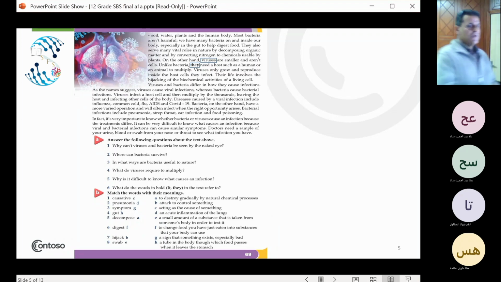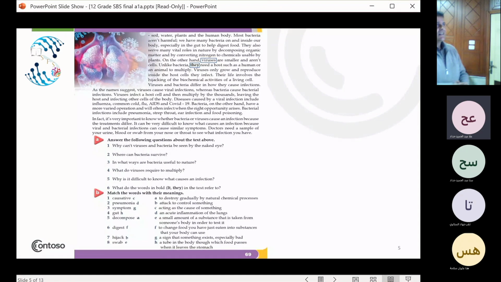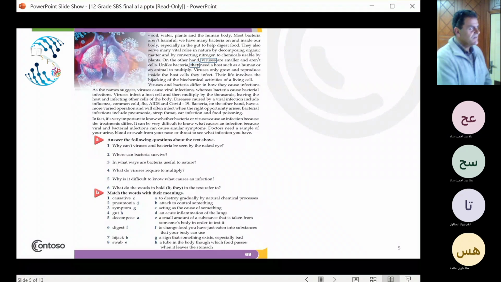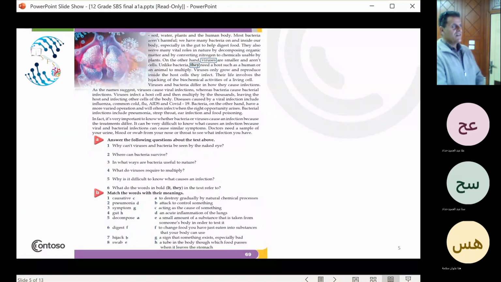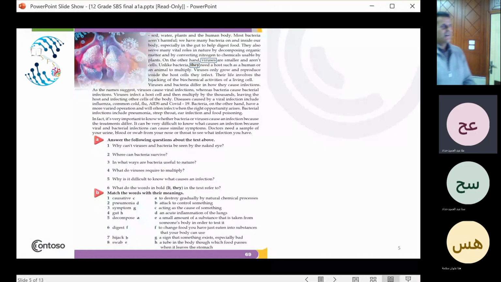Let's continue. Viruses and bacteria are different in how they cause infection. As the names suggest, viruses cause viral infection, whereas bacteria cause bacterial infection.